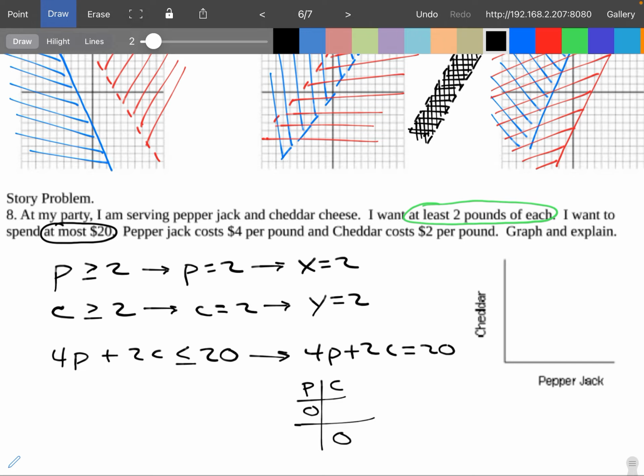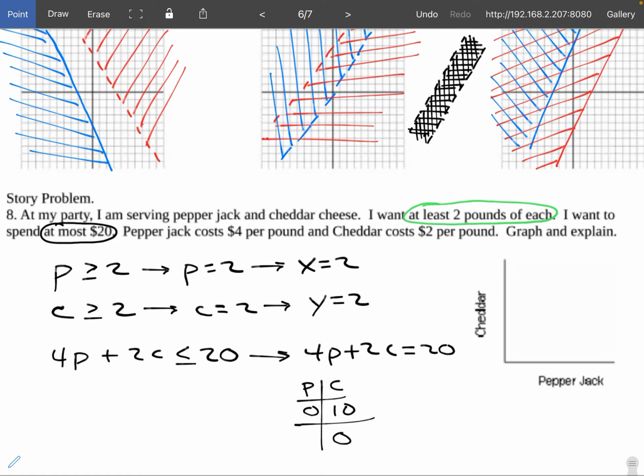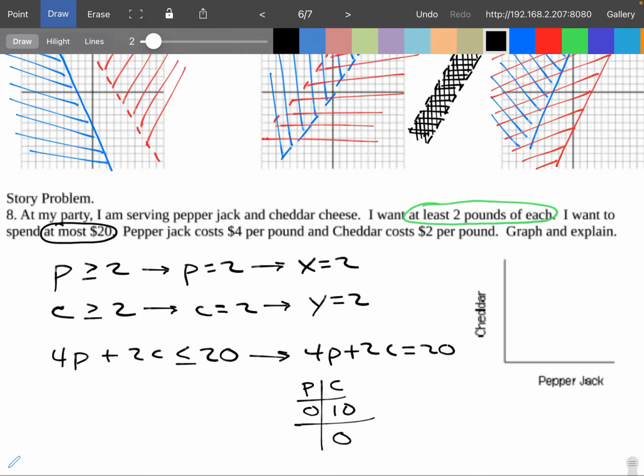And then the third one, you're going to change it to an equal sign. So you're going to write 4p plus 2c equals 20. And I think the best way to graph that one is with the intercepts. So this is going to be p and c. You're going to plug in 0 for p, and then you're going to plug in 0 for c. So if I plug in 0 for p, then I would cover this up and solve for c.